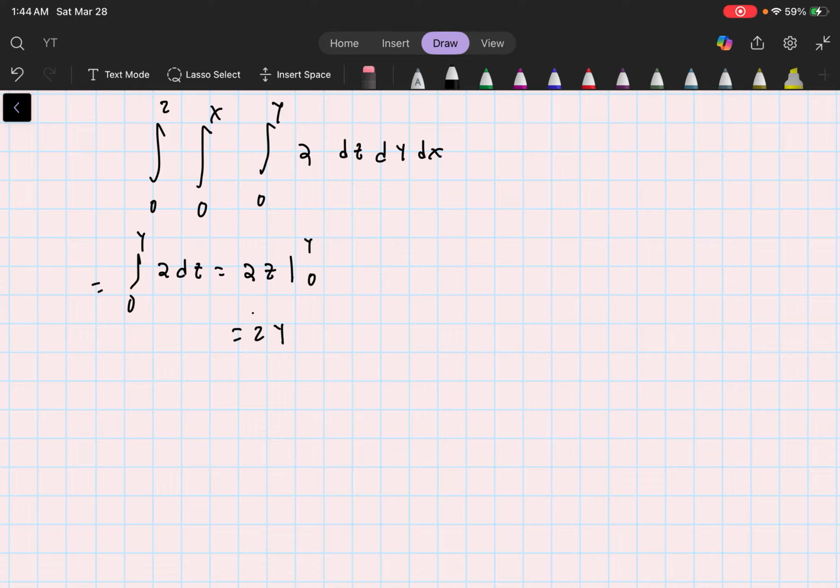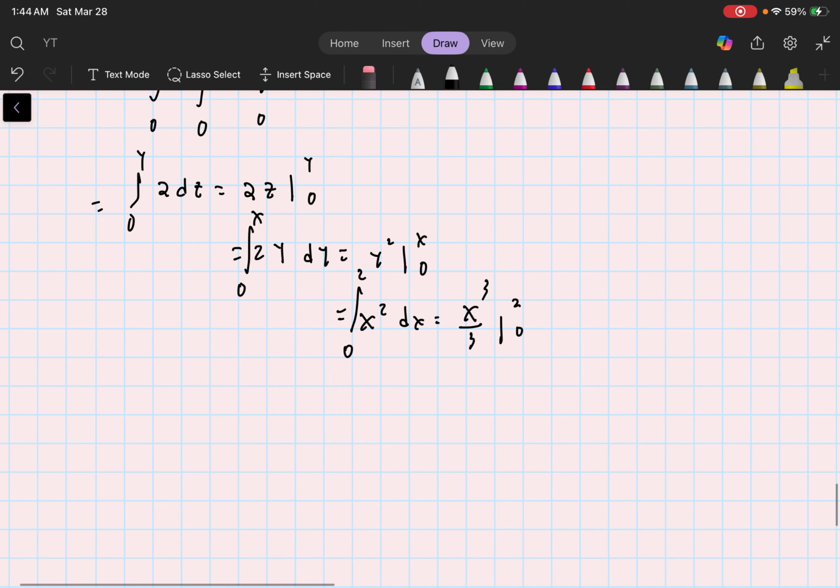Then we can integrate again from 0 to x of dy, and you would just get y squared from x to 0. Then you get x squared. And then you do the same thing all over again from 0 to 2 for dx, and you get x to the third over 3 from 2 to 0. And your final answer for this big integral is just 8/3.